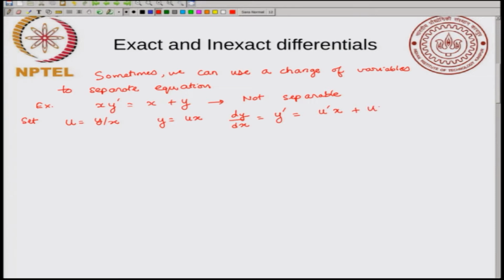So, how does this help you? If you replace y prime by u prime x plus u, then what you will get is u prime x square plus u x equal to x plus y, which is u x.